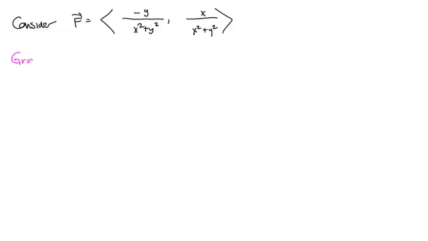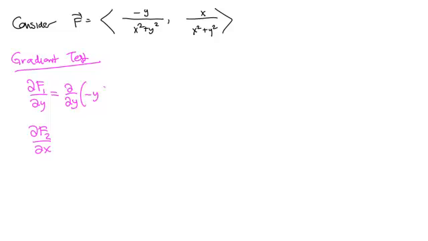If we tried applying the gradient test, well, let's look at our two different partial derivatives. We take the partial derivative of f1 with respect to y, and the partial derivative of f2 with respect to x. Now, if we differentiate the first expression, that's the partial derivative with respect to y of negative y times x squared plus y squared to the minus 1.